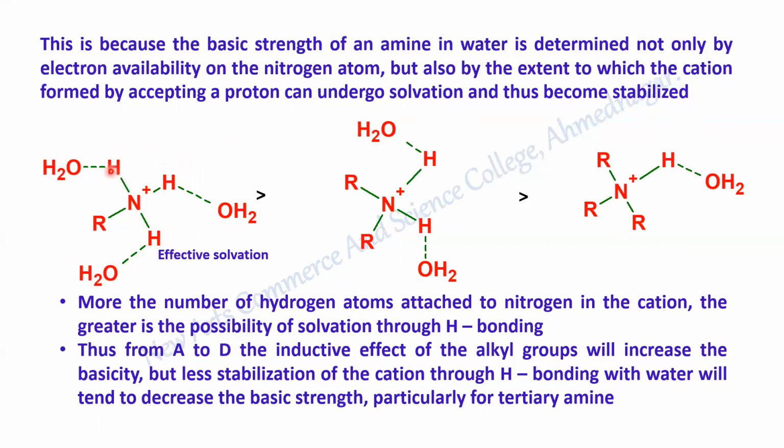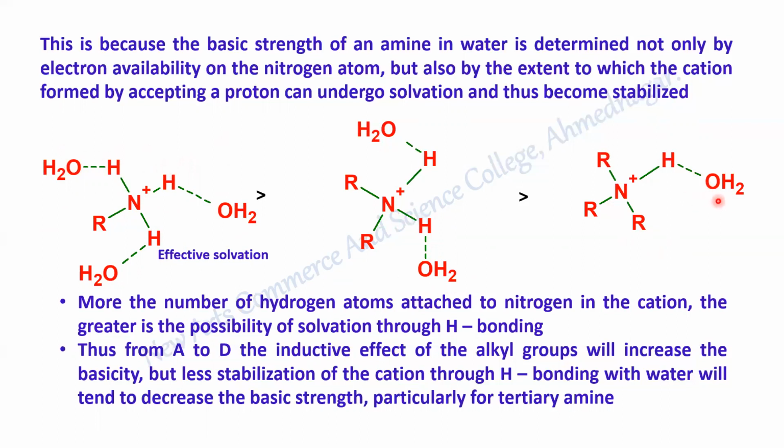It depends on how many hydrogens are attached to nitrogen. As the number of hydrogens goes on decreasing, the solvation effect goes on decreasing. In the secondary amine, only two solvent molecules form a bond with the hydrogens attached to the quaternary salt, while in the tertiary amine, only one hydrogen is present which forms a bond with the solvent.